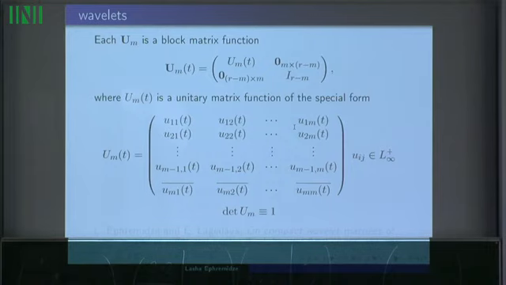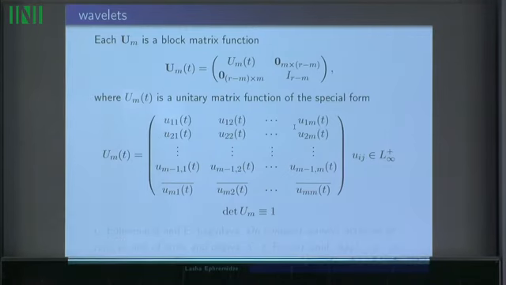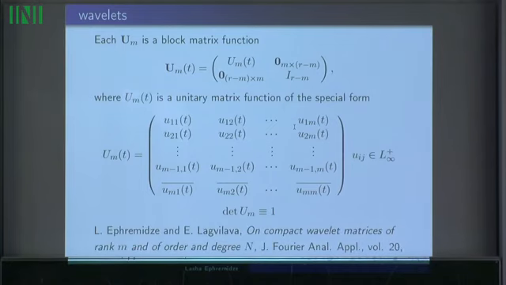So this has this form, as I told, each matrix, and also each of them, this corner, has this presented form here, that all entries here are analytic. So these rows are analytic, and the last row is anti-analytic functions, and they have determinant all equal to 1. And these matrices are also related with wavelets. But this is the topic of another lecture, so I don't concentrate here on this topic. But these are very closely related.